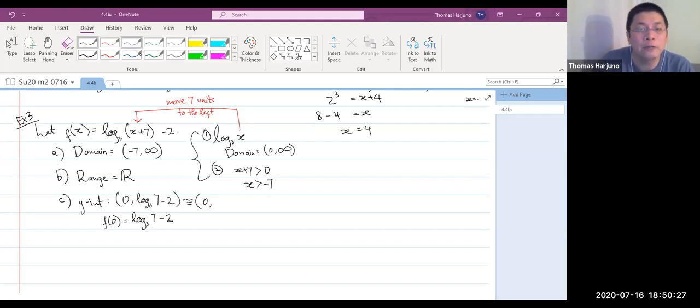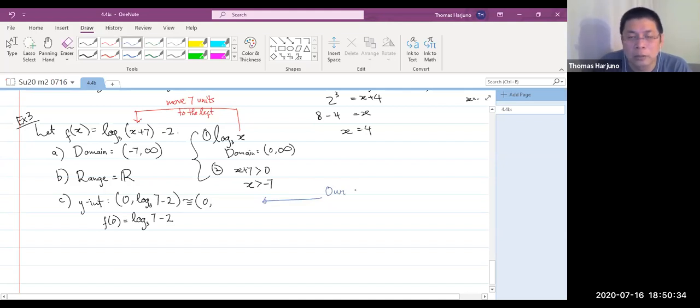Almost all of our calculators have only log base 10 or natural log.